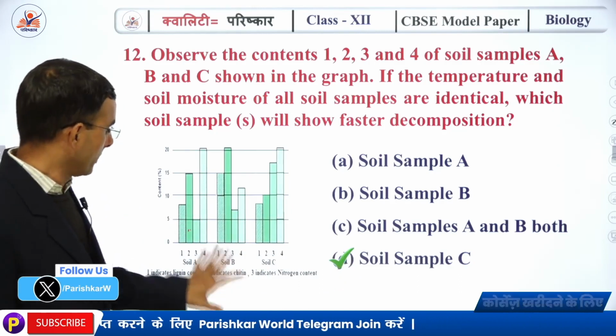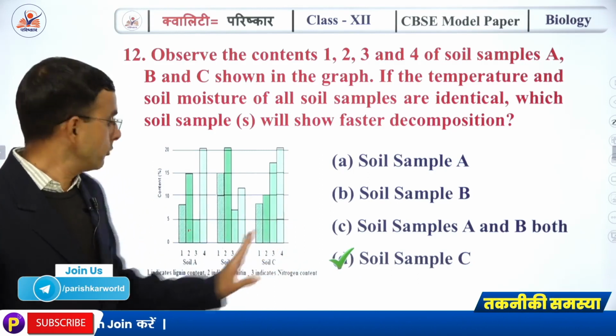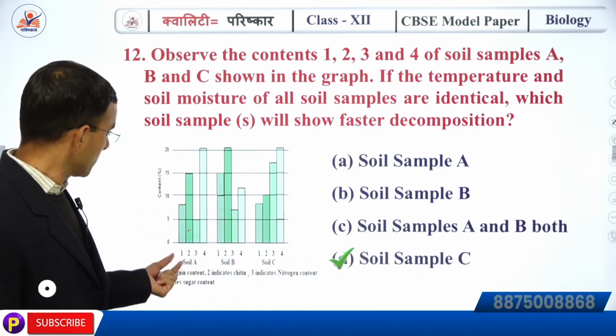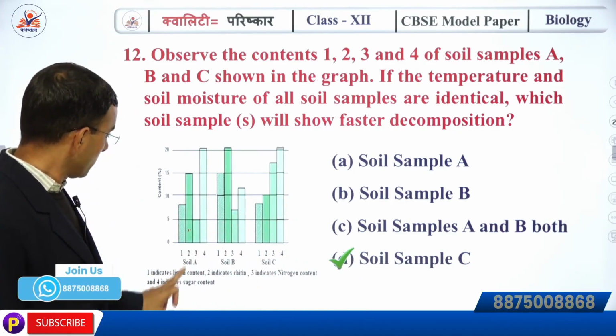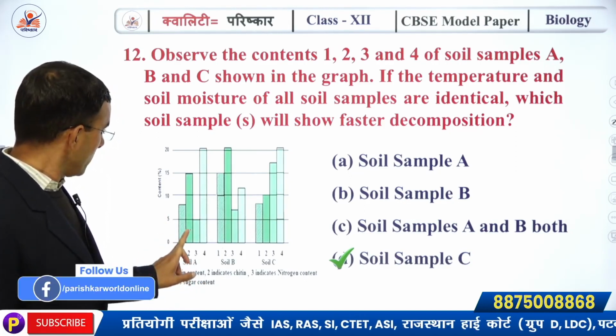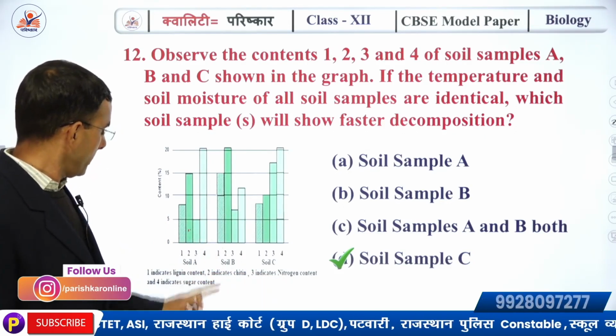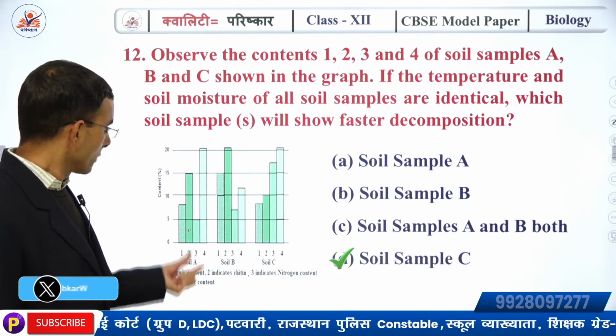Now look at this one. We have to compare the samples by the first one, lignin content, second one, chitin content, third one, nitrogen content, and fourth one, sugar content.